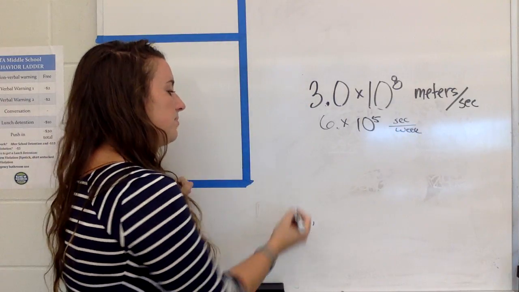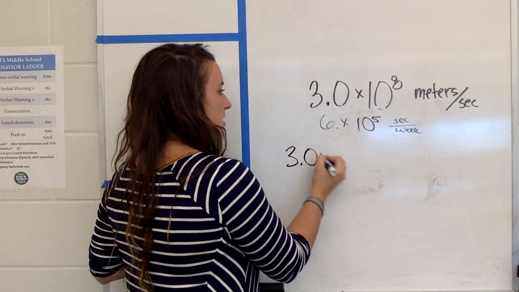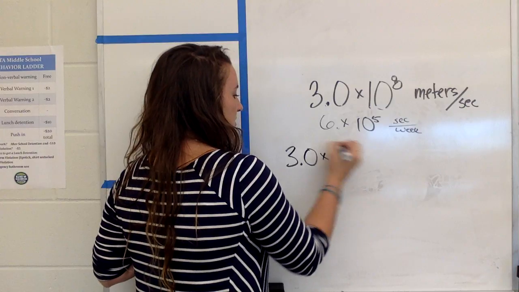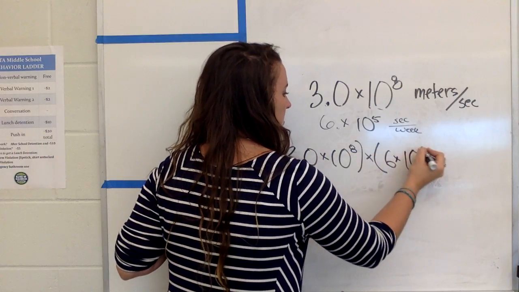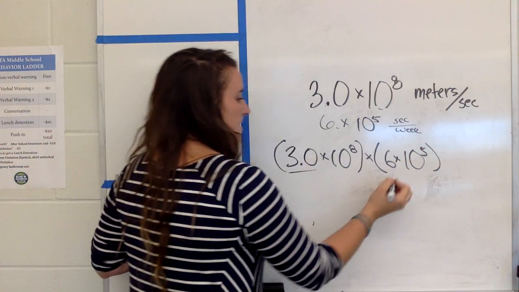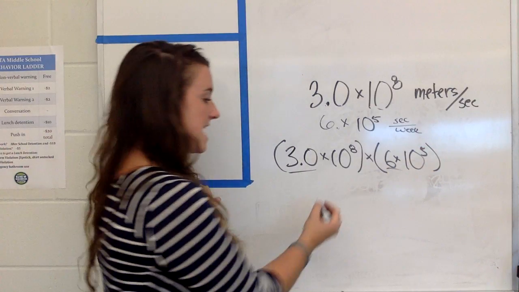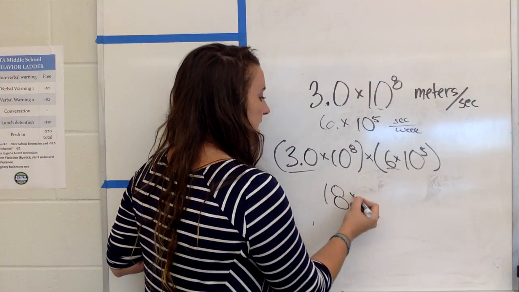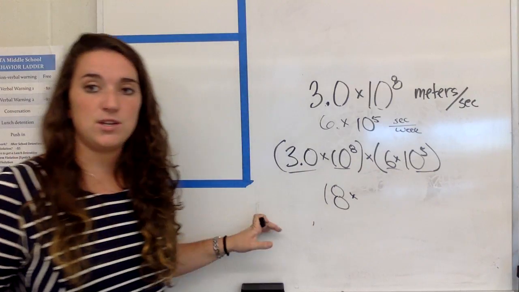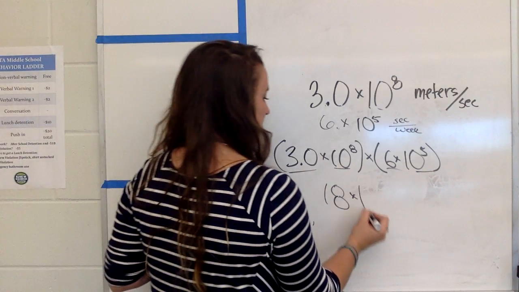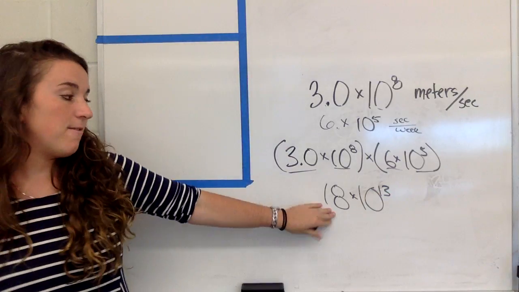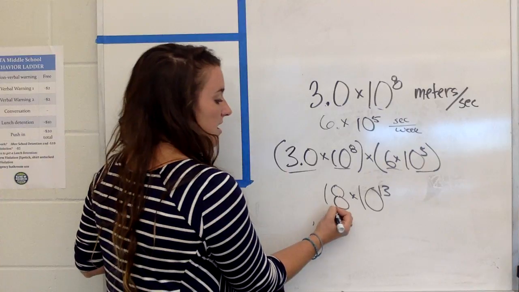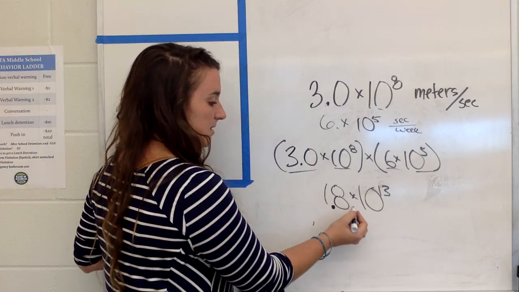I'm going to multiply my two numbers using what I've learned about scientific notation. I start by multiplying my numbers. 3 times 6, 18. 10 to the 8th times 10 to the 5th. I add my exponents, so it'll be 10 to the 13th. Am I done? No, my front number needs to be between 1 and 9, so I place my decimal here.